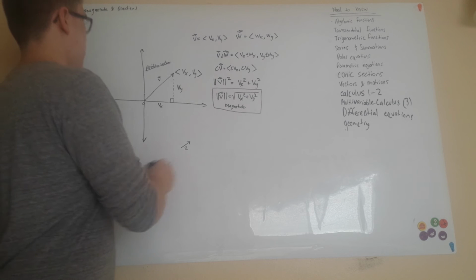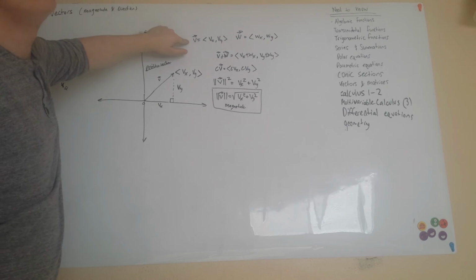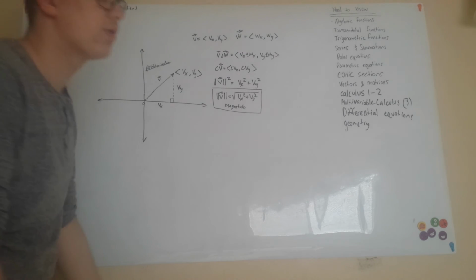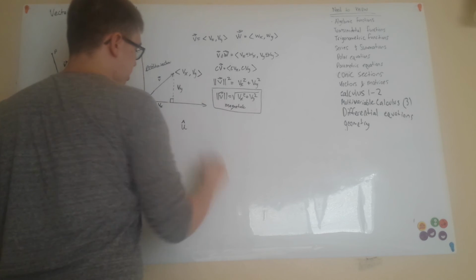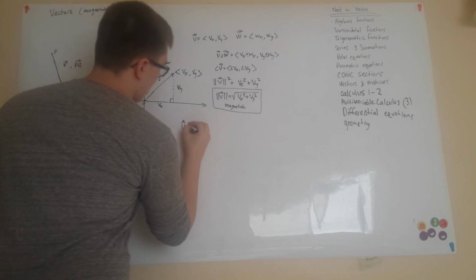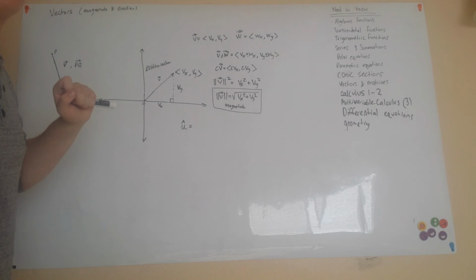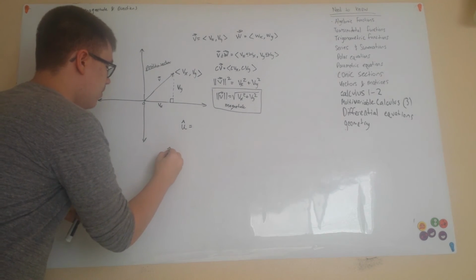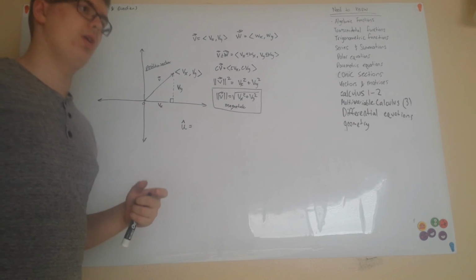And just like the general symbol for a vector is V with an arrow, the general notation or symbol for a unit vector is a U with a little caret on top. And that symbolizes that we have a unit vector, a vector with unit length, with unit magnitude, a magnitude of 1.